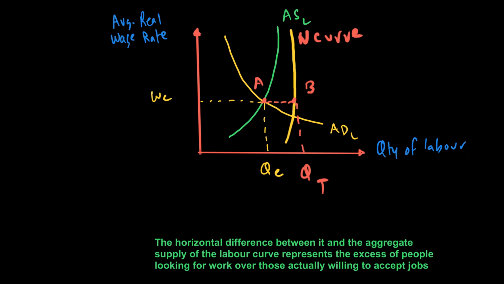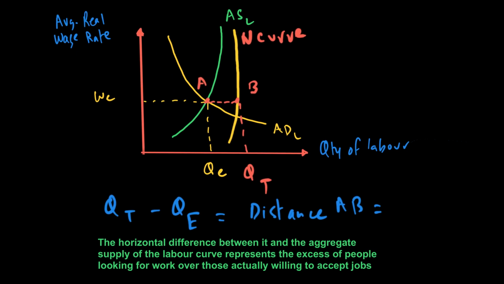So what is the gap between QT minus QE, in other words the distance AB? Well, we call this the unemployment that happens at equilibrium.